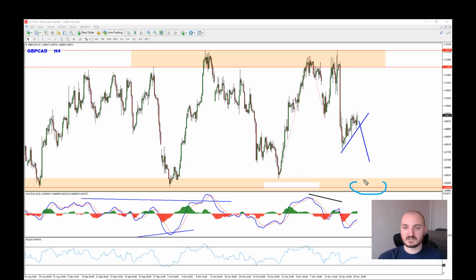Of course, the target is the bottom of this range, or once the price crosses below this low and you get bullish divergence completed, this is where you want to at least move the stop loss to break even and cash out partially. But that falls into the management part, which is really not what we're doing here. The idea is how to trade GBPCAD on the 4-hour chart.